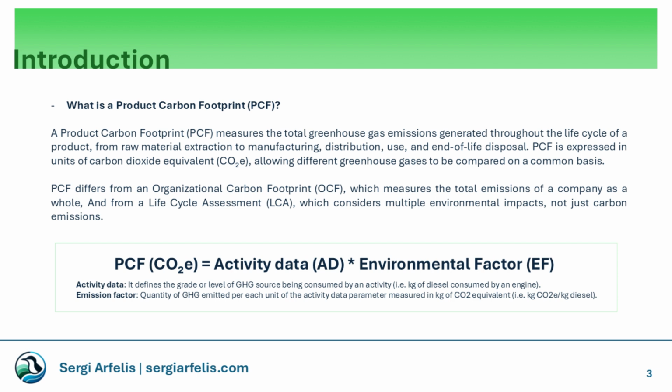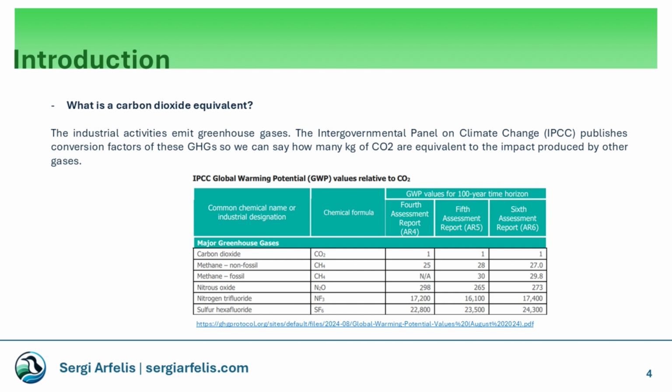For example, if an engine consumes a certain number of kilograms of diesel, we multiply that by the emission factor for diesel to find the total emissions in CO2 equivalents. This approach allows companies to understand the specific climate impact of each product and to identify where the biggest opportunities for improvement exist.